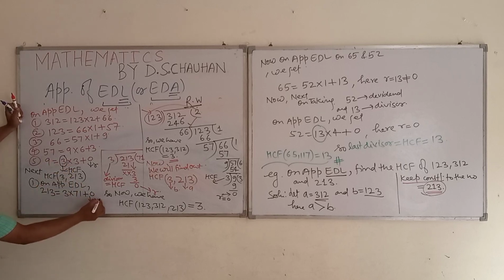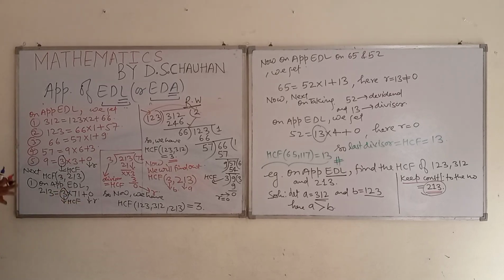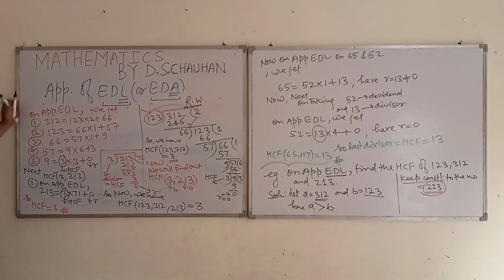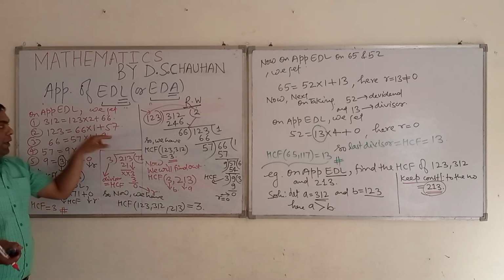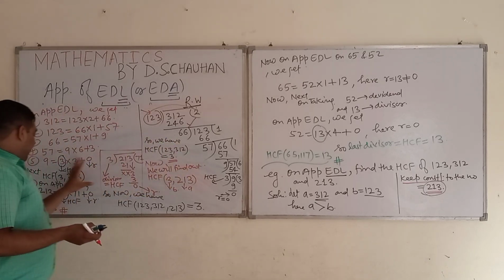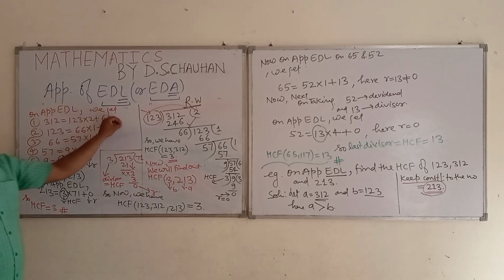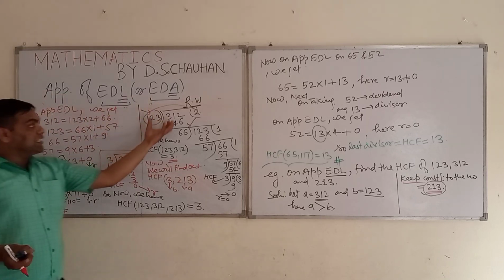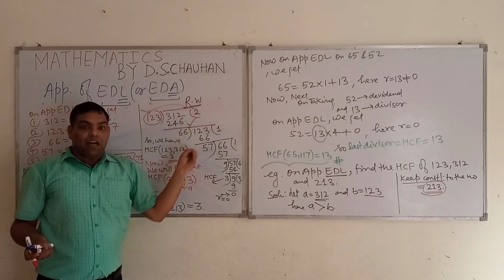This is here R, which is 0, and this one is the last divisor. This is the HCF. So students, finally we conclude, the HCF is 3, the final answer. In this way, with the help of Euclid division lemma, you can express the HCF. You will find the HCF by this way of writing, and this is the way to take an idea.